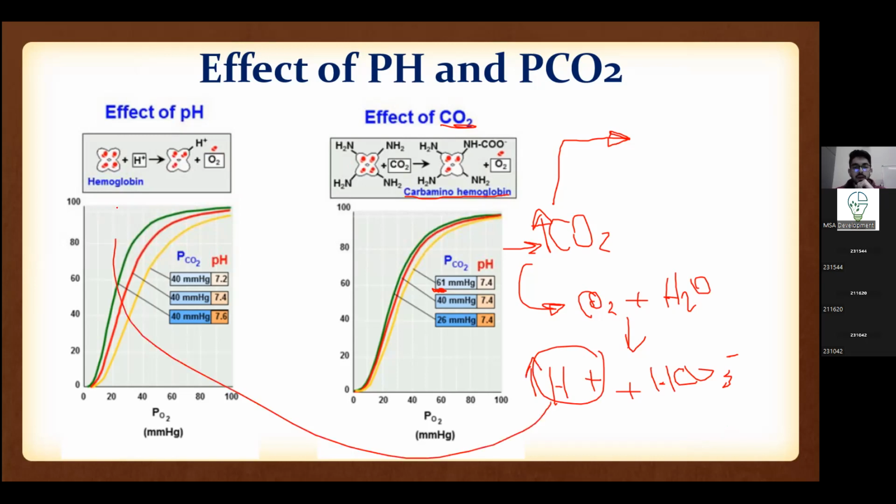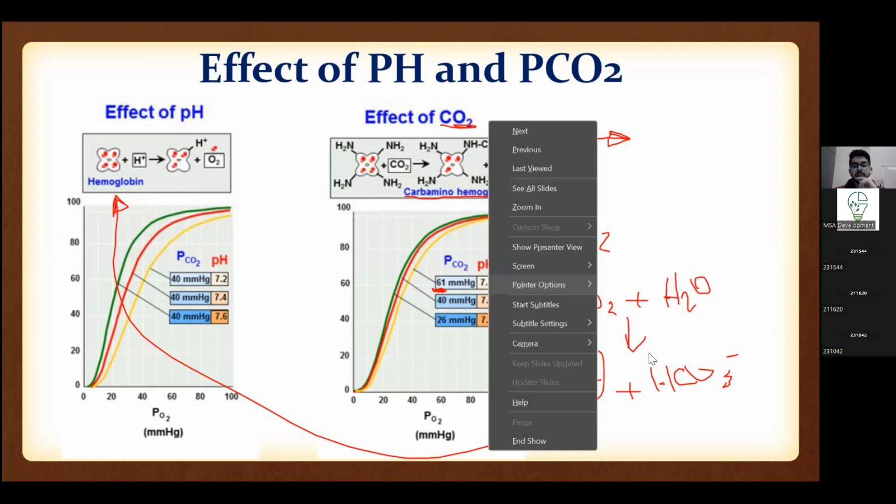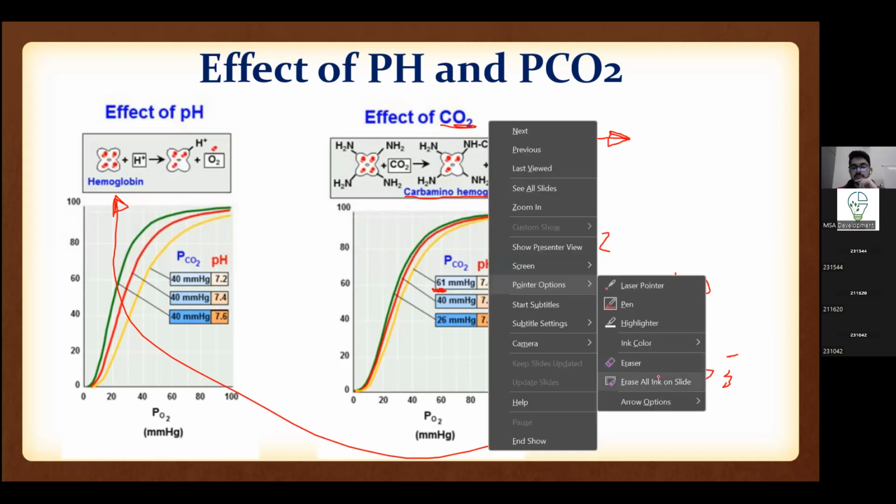It's going to bind to hemoglobin and do the Bohr effect, causing a decrease in affinity. Again, CO2 has two mechanisms to decrease affinity. The first one is by acting directly on the hemoglobin molecule, and the second one is by interacting with water, producing hydrogen ions, and the hydrogen ions in turn are going to decrease the affinity of hemoglobin by binding to it.